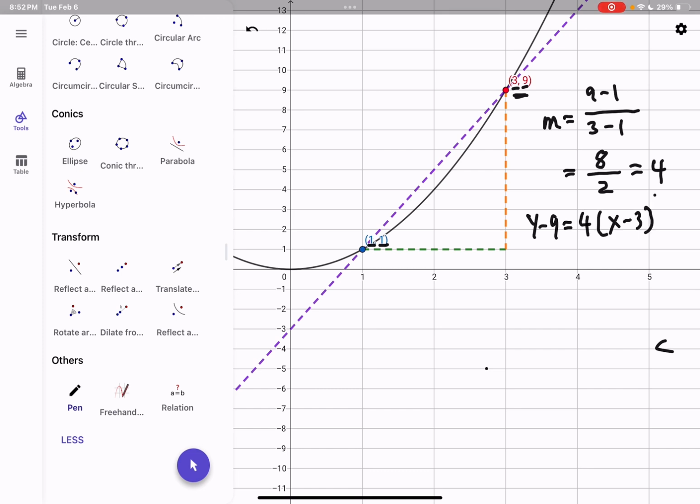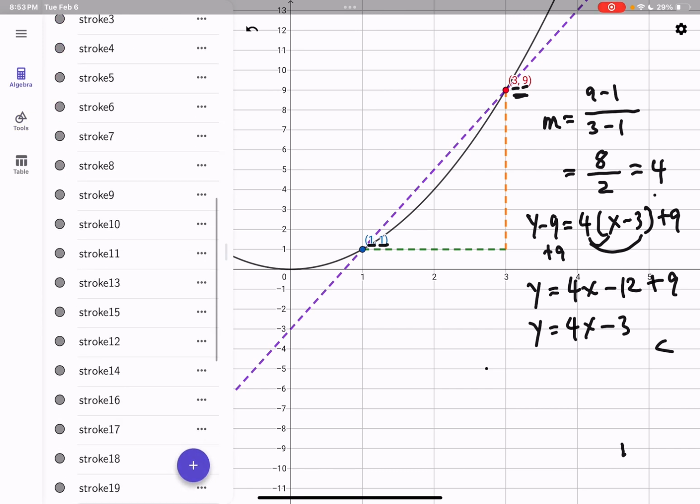If we distribute the 4 and then add 9 on both sides, we get y equals 4x minus 12 plus 9, and that's equal to 4x minus 3. Okay, so that is the equation of this secant line.